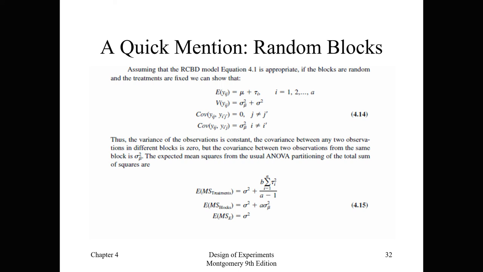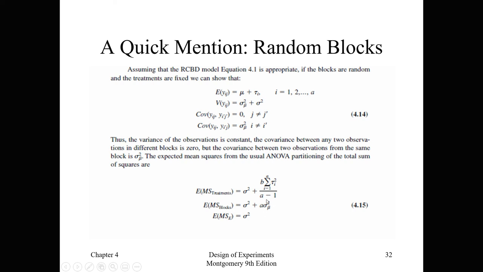All right, so we're going to quickly go over random blocks. I should first say that this is going to look very familiar to what we already did with the random effects ANOVA, save that now we also have a blocking factor that we're considering. So note that we have the expected value of the mean squares treatment with our sigmas. This is kind of what we had earlier. But now we also have the expected value of the mean squares of the blocking factor.